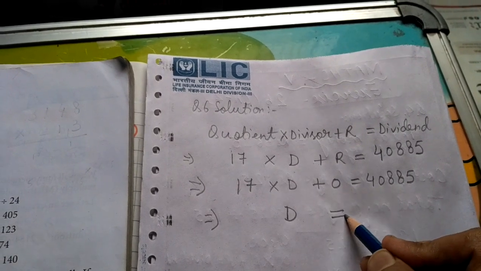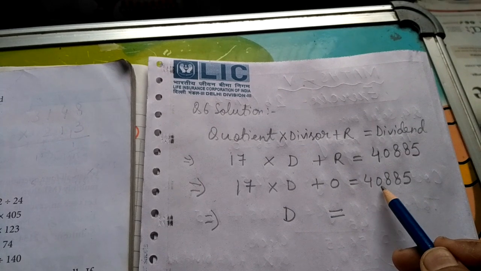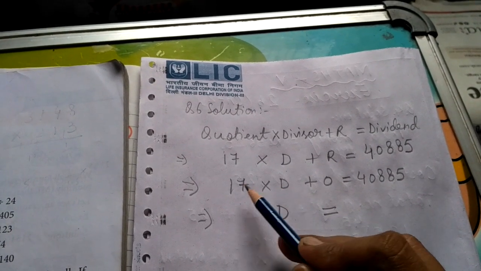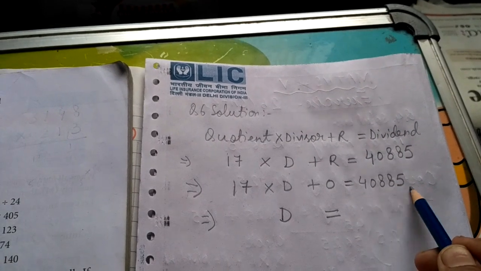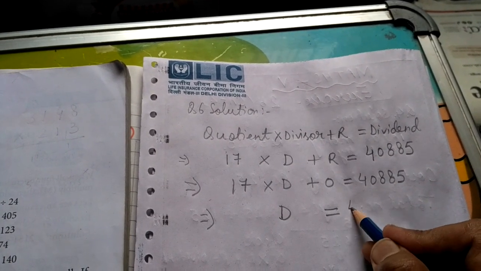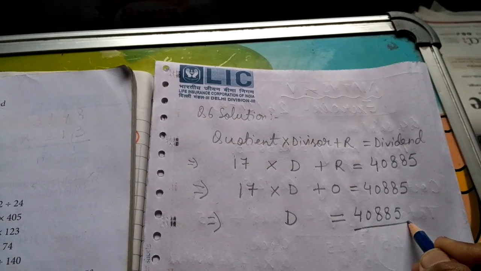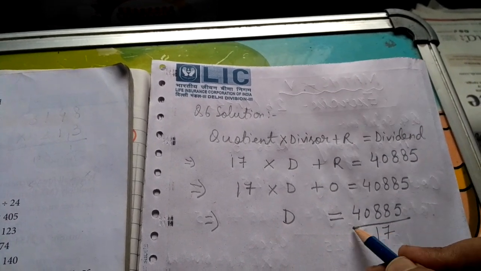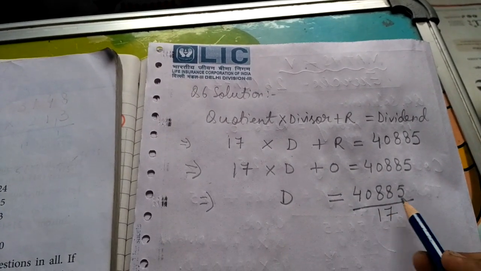When something from the left hand side goes to the right hand side, and if it is in product, now 17 is in product, it will come in division form, which we will write like this. This upon also represents division.